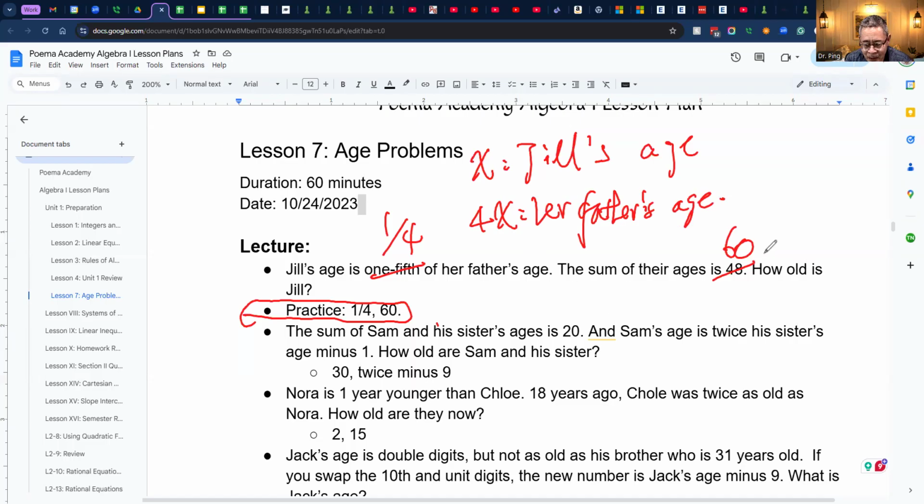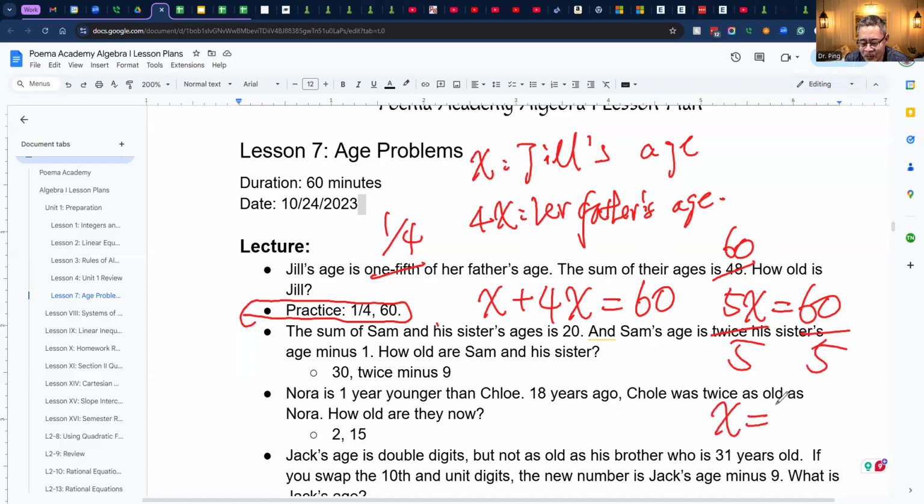And then the sum is 60, so x plus 4x is equal to 60, and that will be pretty easy to solve. That's 5x equal to 60, divide by 5 on both sides, then x is 12. So Jill's age is 12, her father's age is 4 times that, which is 48. So 12 plus 48 gives us 60. So we know we got that right.